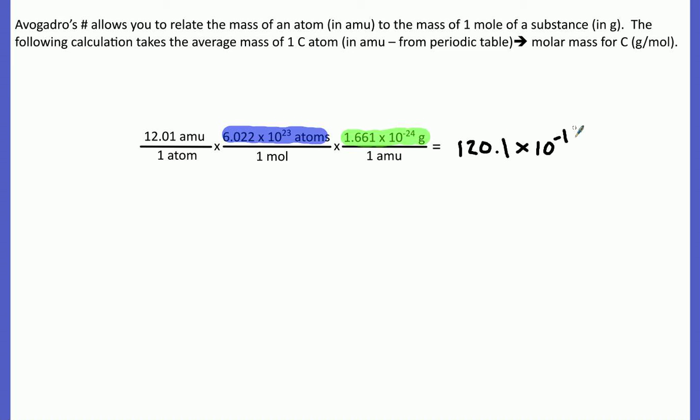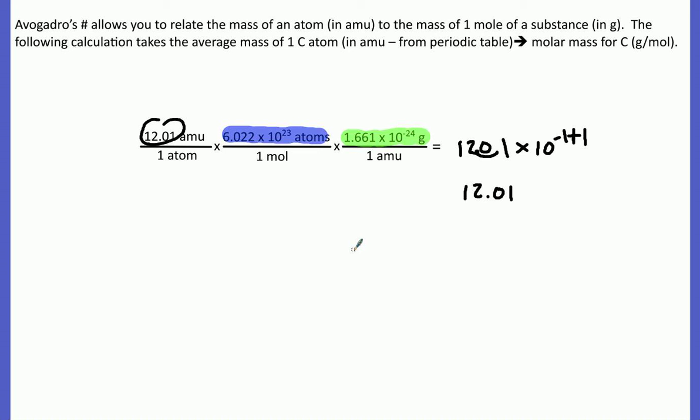What I would actually do to adjust this is just take it out of scientific notation. If I added 1 to that exponent, that means I have to move the decimal to the left one time, and it turns into 12.01, right? Which, surprisingly enough, is the number I had to begin with.